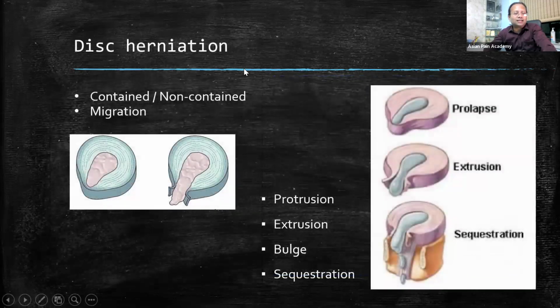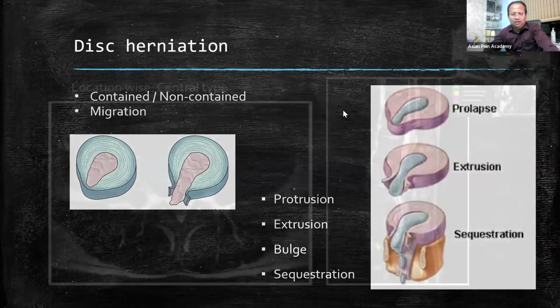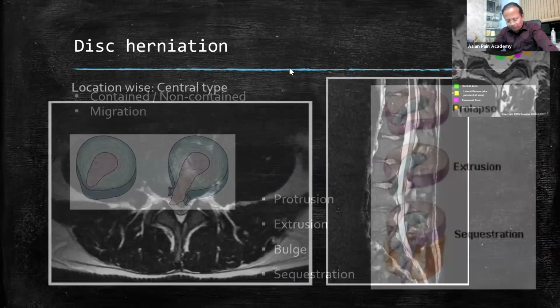Okay, so this much. And disc herniation and all these are always seen in both sections, either axial or sagittal. There are different types of disc herniation that we are not talking about at present. These are prolapse, extrusion, sequestration. These are theoretical parts.